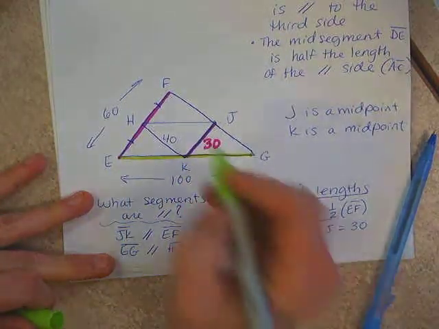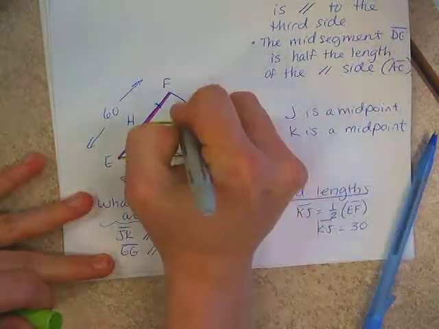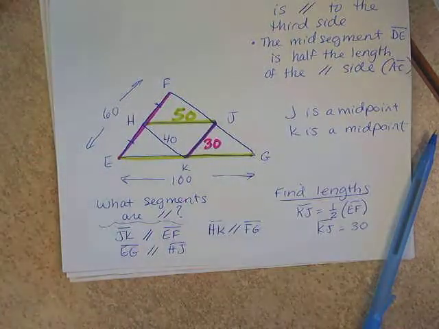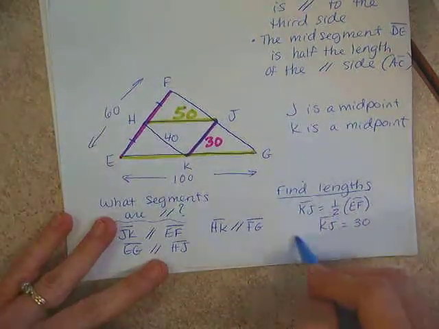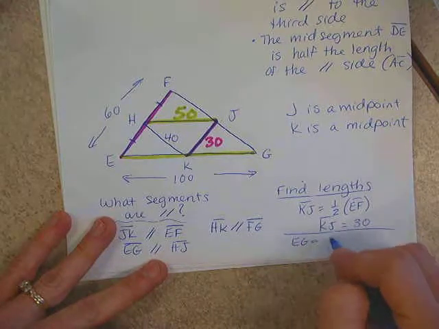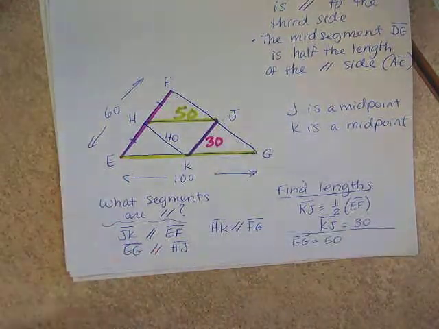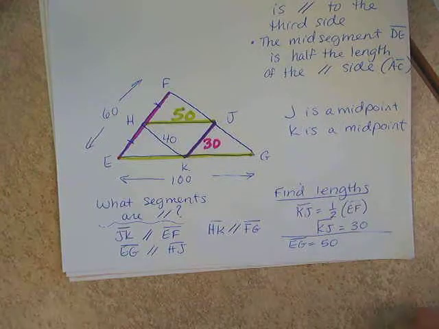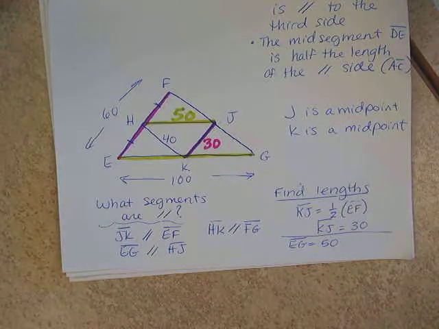So HJ then would be half of EG. So yes, HJ, we'll do that in a different color. So we know that EG is 100, so half of that would be 50.